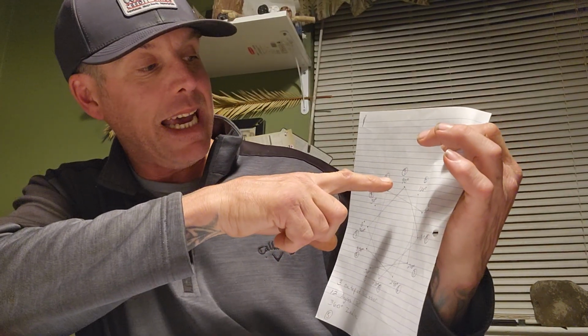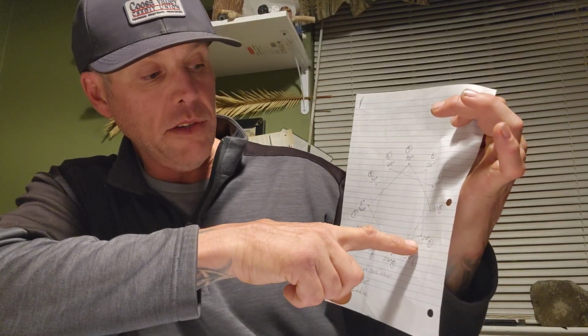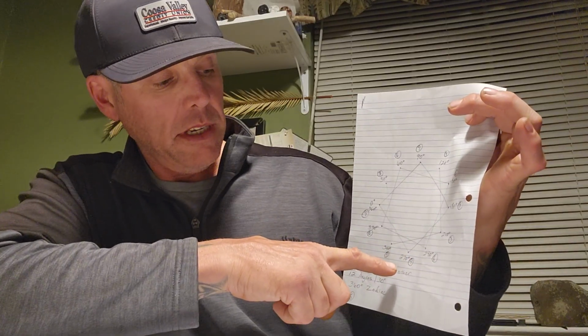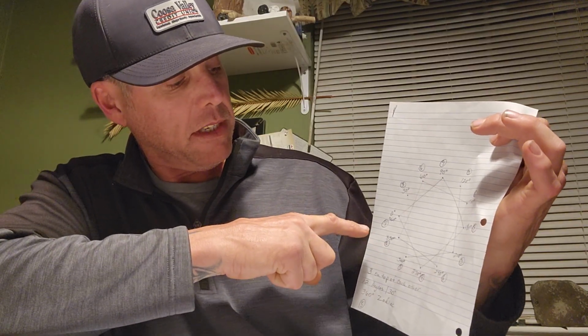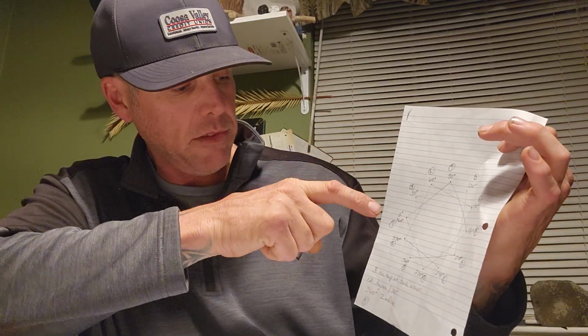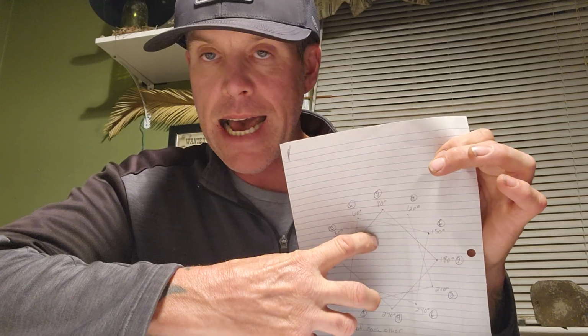So 369: 120, 1 and 2 is 3. 150, 1 and 5 is 6. 180, 1 and 8 is 9. 210, 2 and 1 is 3. 240, 2 and 4 is 6. 270, 2 and 7 is 9. 300 is 3. 330 is 6, and then 360 is 9. 369, 369, 369. Because there's a sequence there. Because this has to do with the 12 constellations, the zodiac, time.